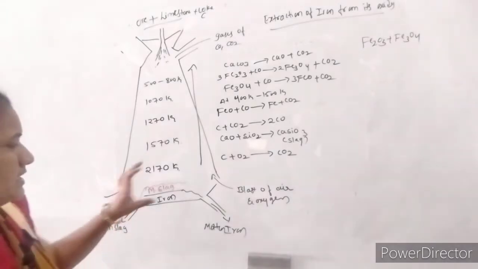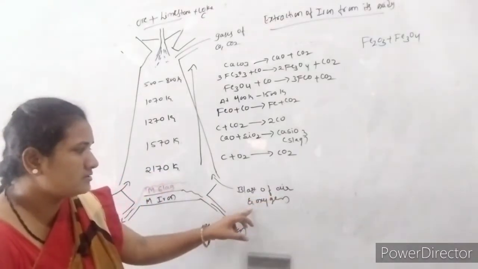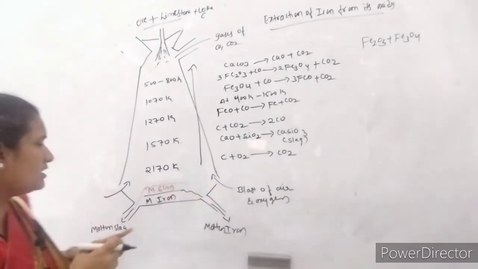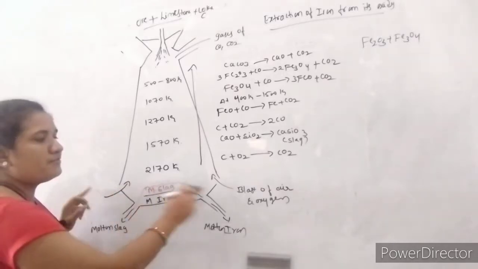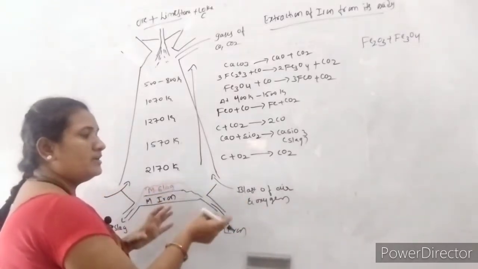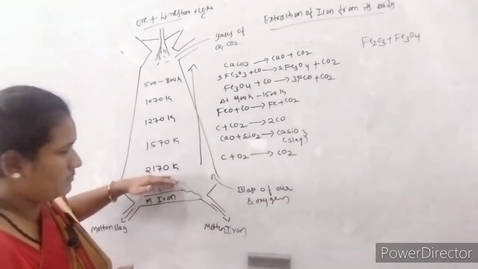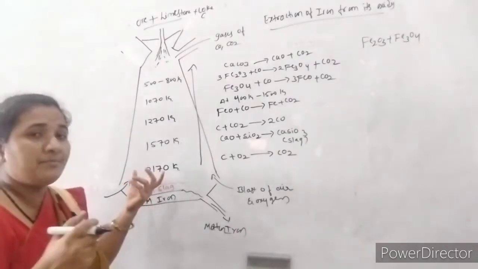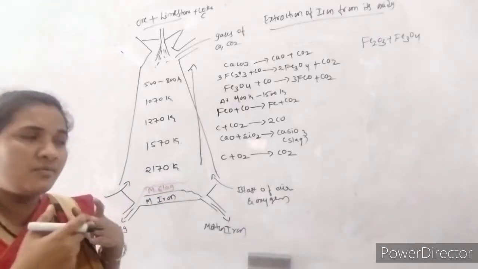Okay, so at first we have to supply a blast of air and oxygen through this inlet. Both the inlets are made for supplying the blast of air and oxygen. Whenever the blast of air and oxygen enters the blast furnace, the temperature increases, producing more and more heat.